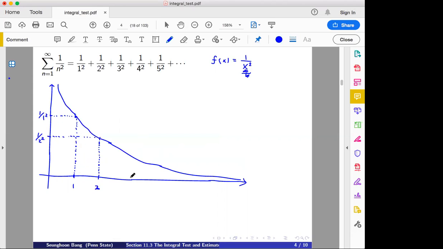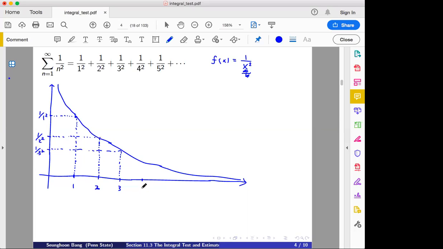Like this, you choose 3. Same, you plug into the function, exactly 1 over 3 squared.